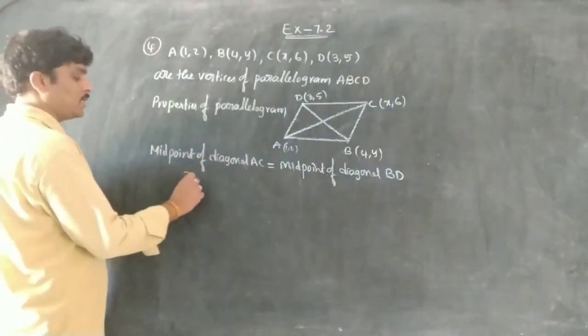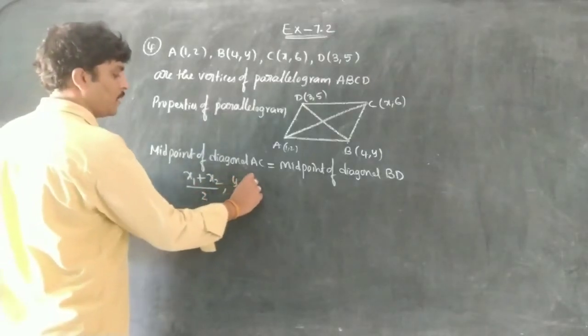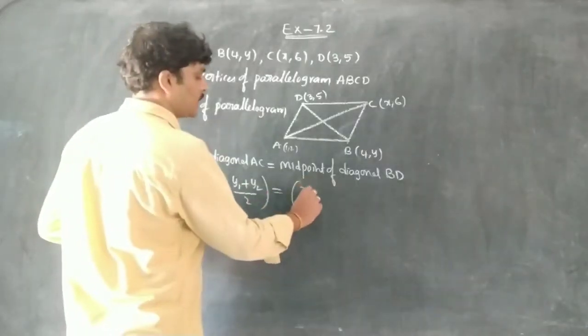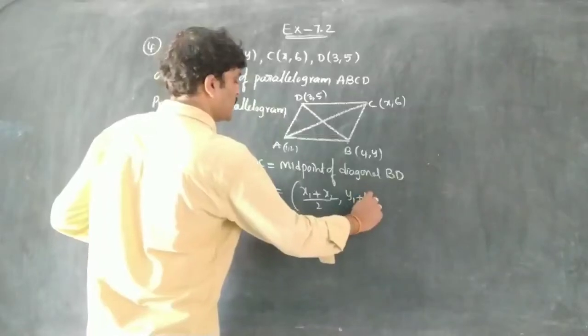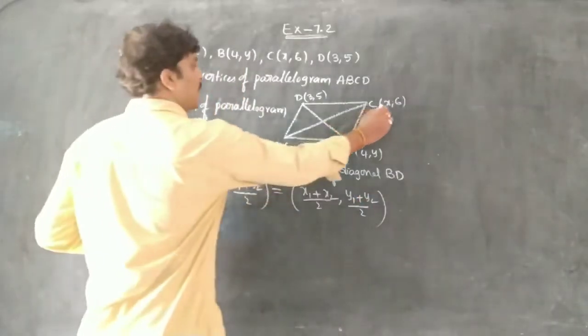So the formula is x1 plus x2 by 2, y1 plus y2 by 2. On both sides the same formula. This is the midpoint formula. Here it is x1 y1, x2 y2.